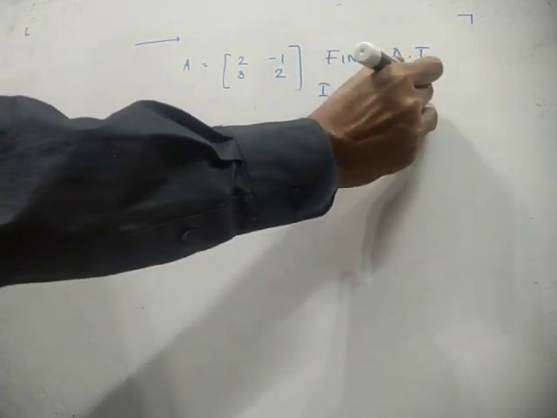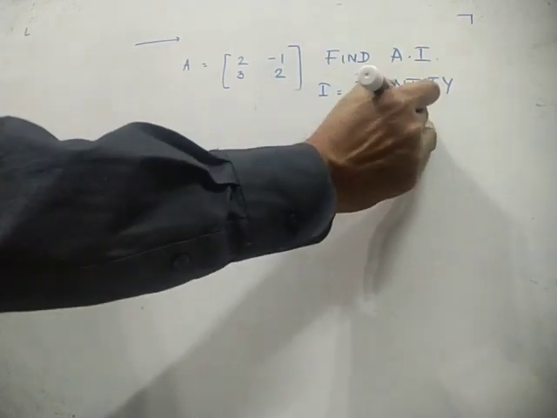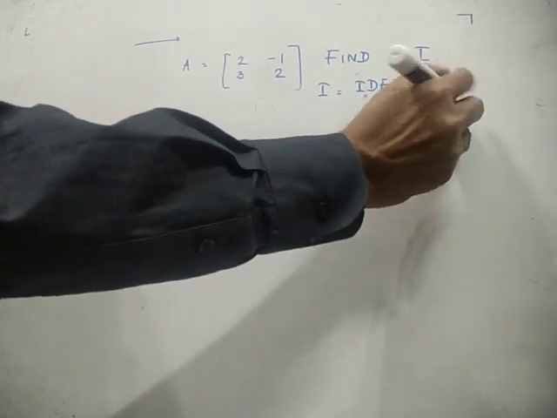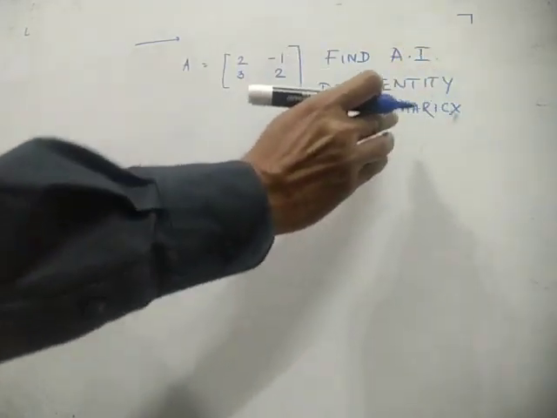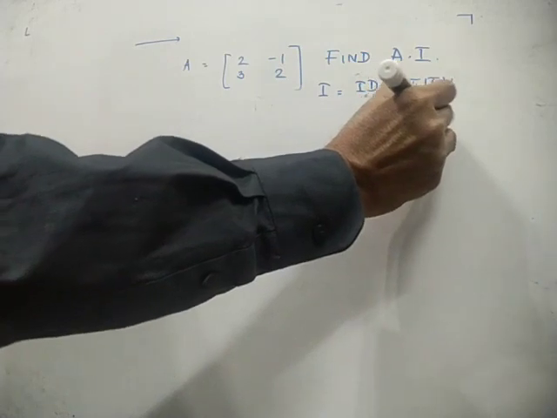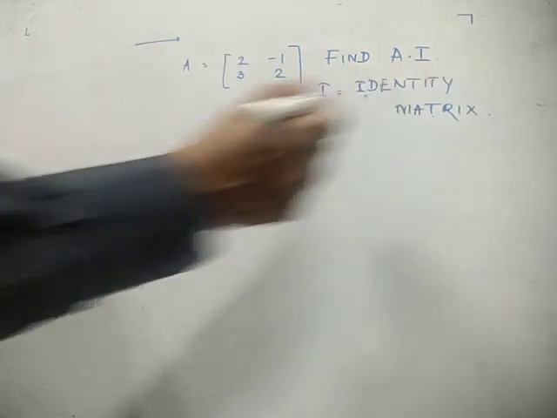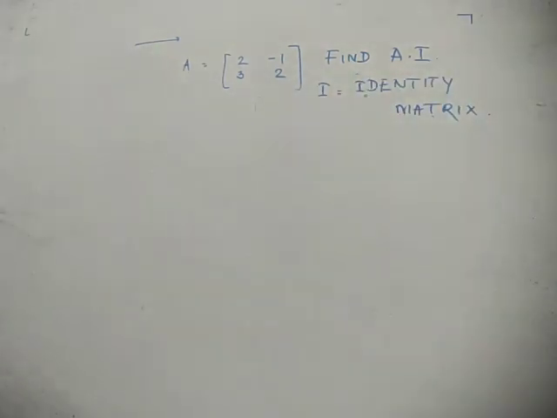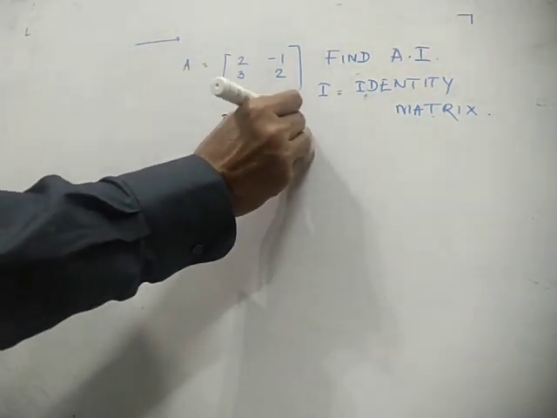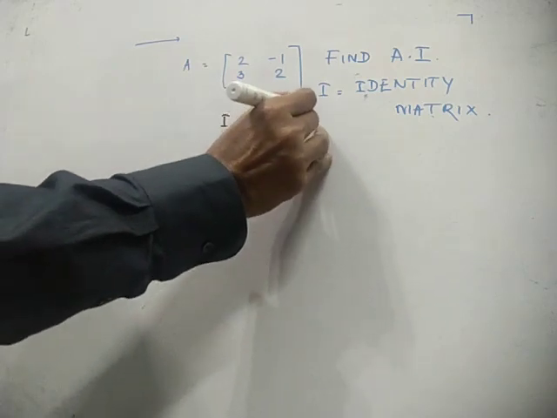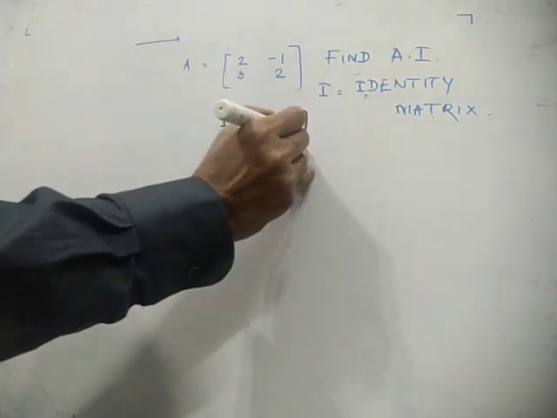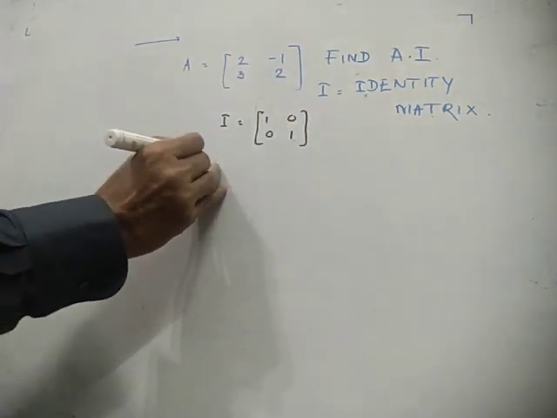And if asked to find AI, where I is the identity matrix or unitary matrix, which you all probably know, it is a 2 by 2 matrix, and the diagonal elements will be 1 1, the other elements 0. So I will be 1 0 0 1.